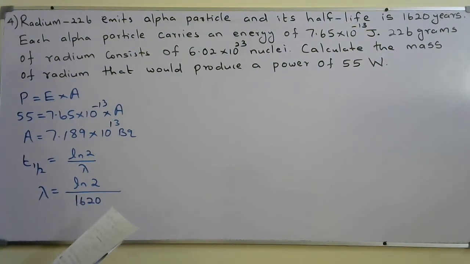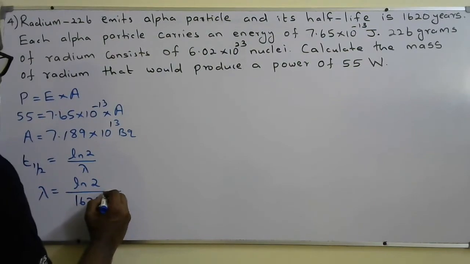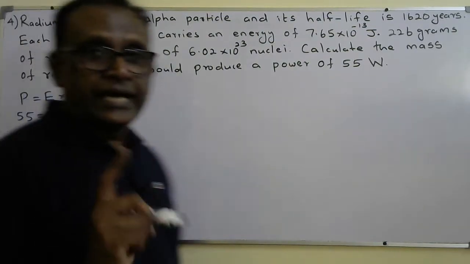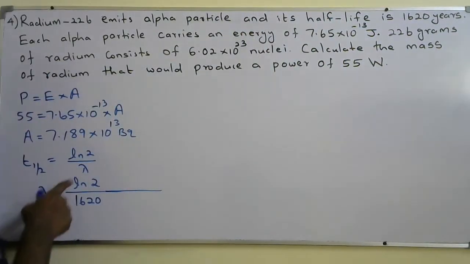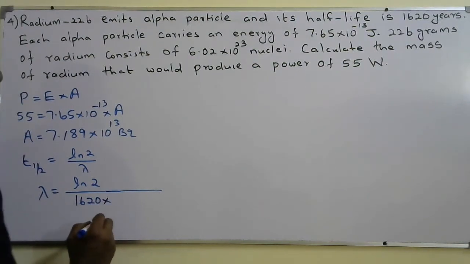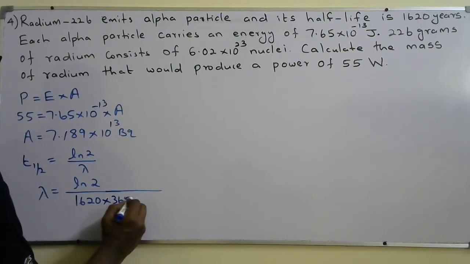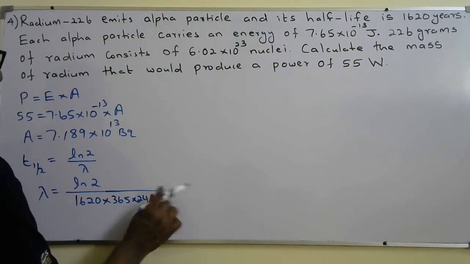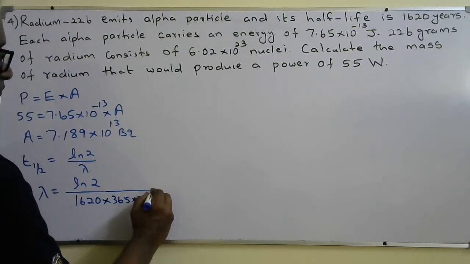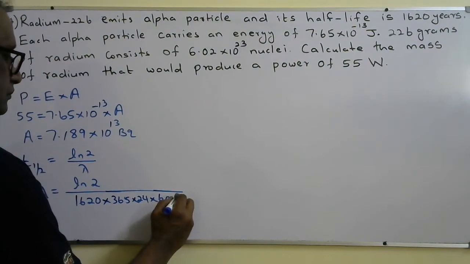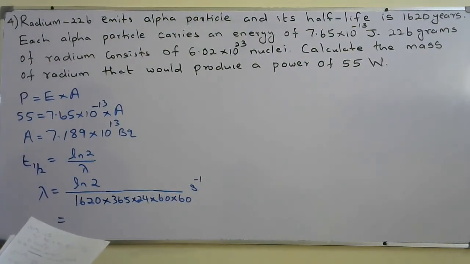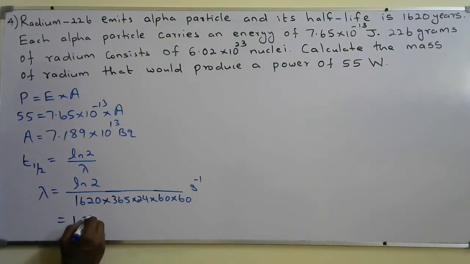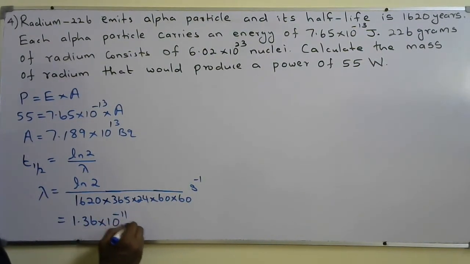I need to convert that to seconds because if I am using A equals lambda N, A is activity, which should be in becquerel, meaning per second. So convert the years to seconds: 365 days, 24 hours, 60 minutes, 60 seconds. Per second, the lambda will be 1.36 times 10 to the power minus 11 per second.